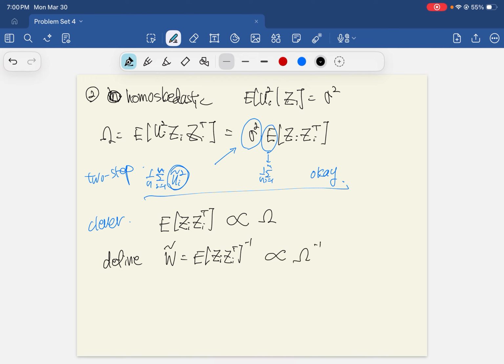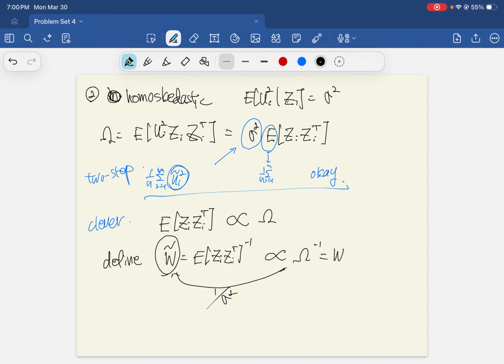So the main difference here is, say, the optimal weighting matrix is omega inverse, but instead of omega inverse itself, I'm going to consider another weight matrix which is just proportional. Then their difference is sigma squared, or 1 over sigma squared.